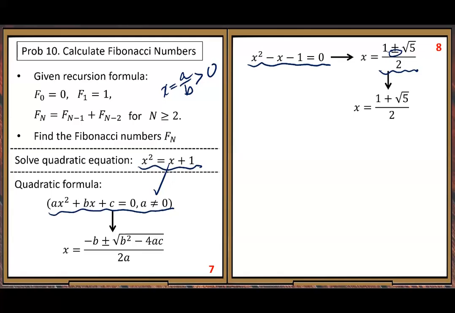So we only have one solution: x equals 1 plus √5, then over 2. And this number, first we see it's non-trivial, right? Because in the general situation, it's not easy for people to come up with this strange number, right? A little strange.